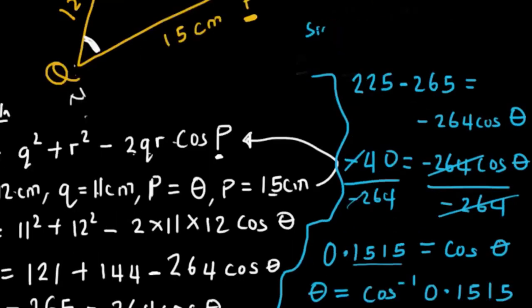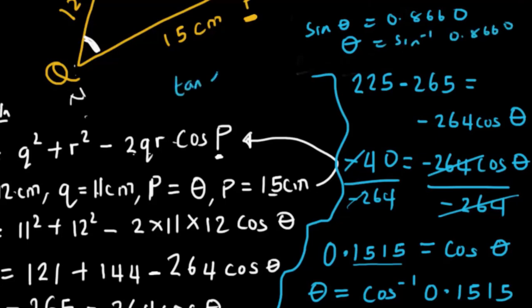So if you have sine theta equals 0.8660, to find theta, you do theta equals sine inverse of 0.8660. If you have, say, tan alpha equals 0.7071, to find alpha, all you need to do is alpha equals tan inverse of 0.7071. I hope you understand this.